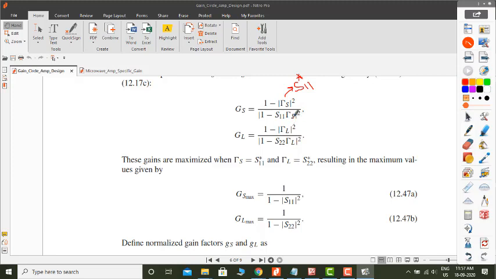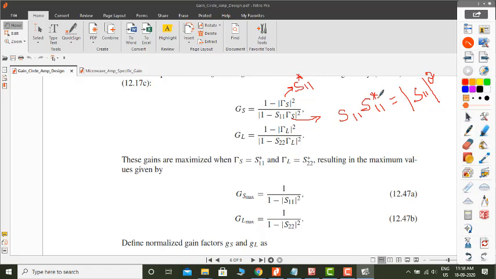Similarly, in the denominator gamma S is S11 star, so it becomes S11 times S11 star, which equals modulus of S11 square, because S11 is a complex number and S11 star is its conjugate.